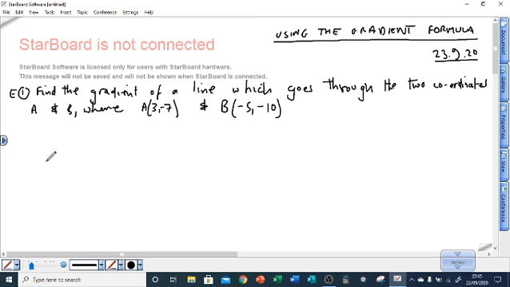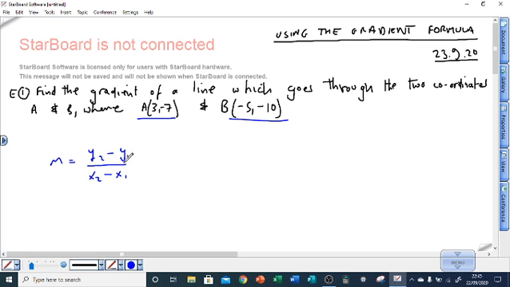Now if you haven't got a graph in front of you where you drop a vertical and horizontal and measure rise against run, then we use the general equation if you're just given two coordinates like this. The general equation says that the gradient m is equal to y2 minus y1, because you're always looking at your vertical increase, divided by x2 take away x1.